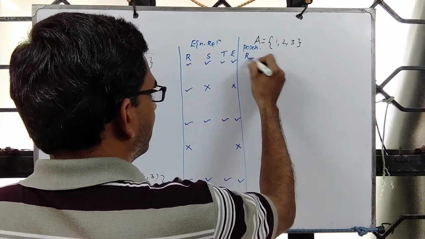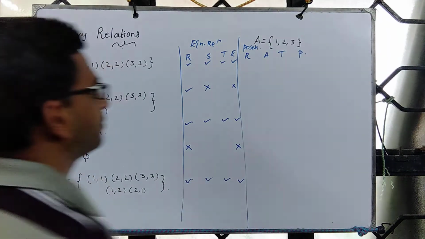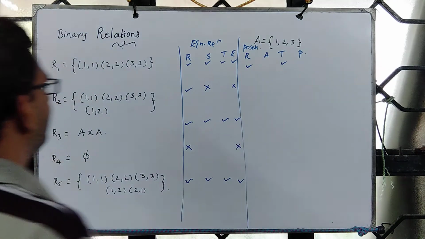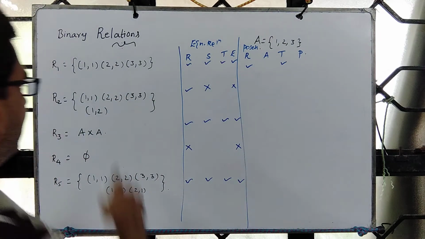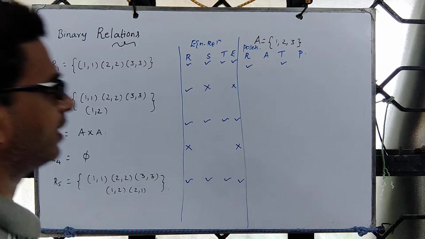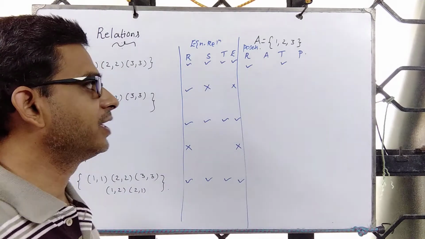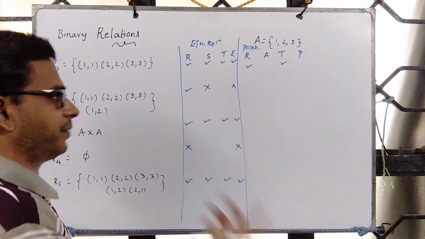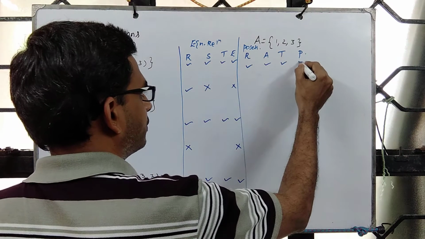Let's look at reflexive, antisymmetric, transitive: partial order. R1 is reflexive, it is transitive, and antisymmetric. If you get (a,b) and (b,a) in R, then you should also find a equals b. If (a,b) and (b,a) both are present, it implies that a equals b, which is true in this case, so it is also a partial order.